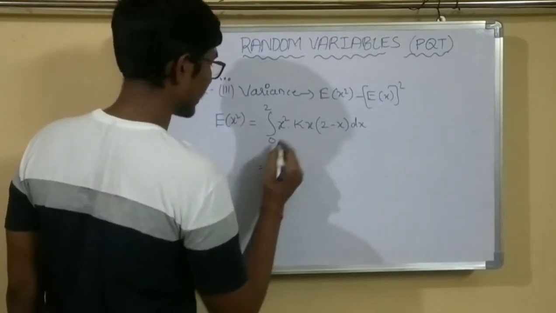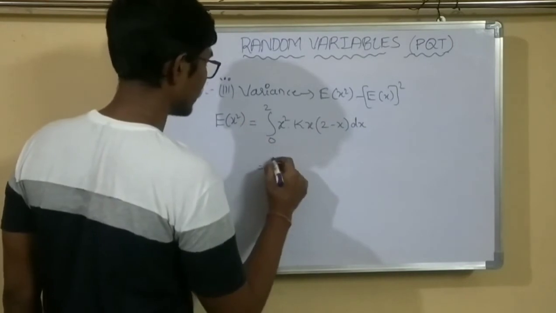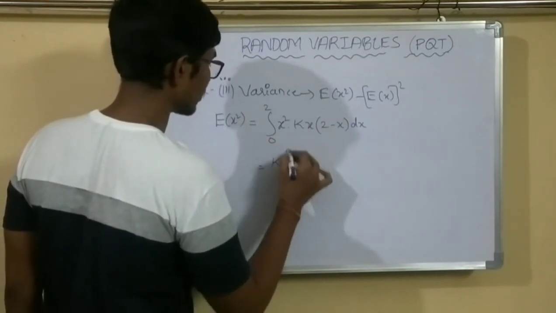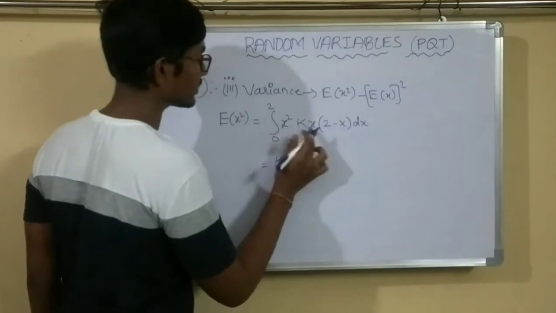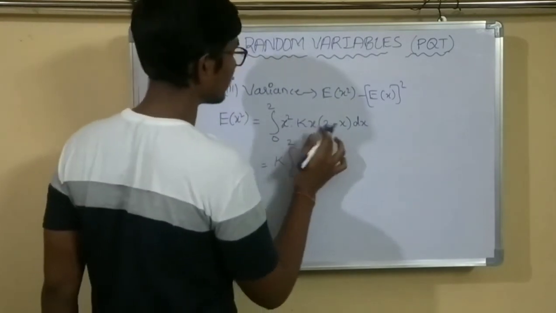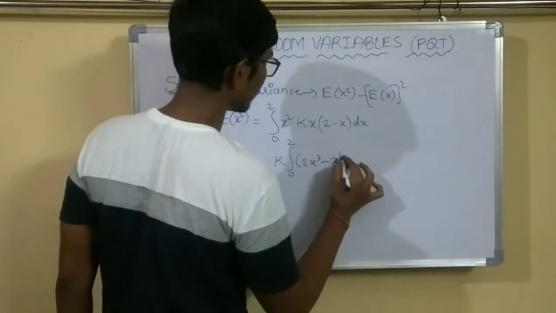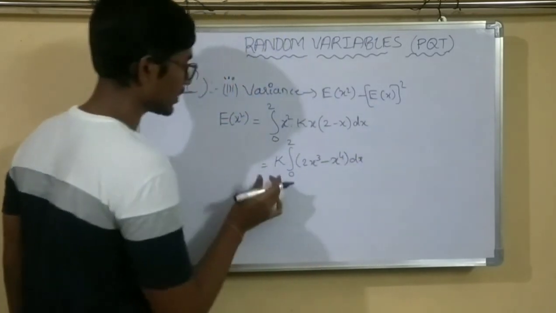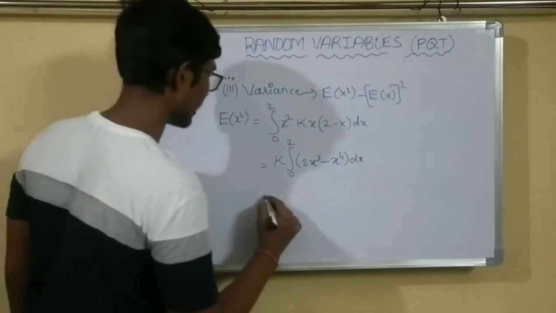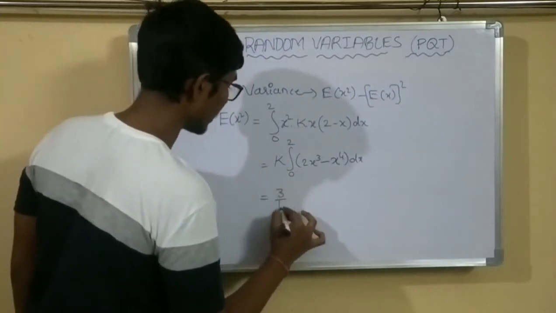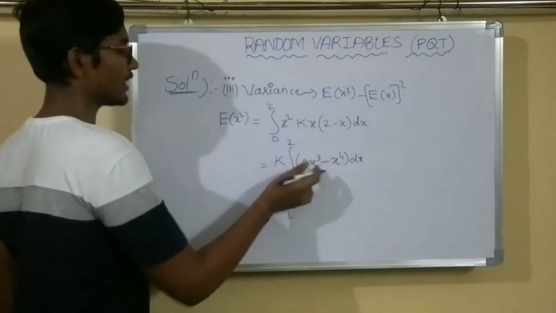I will take the constant k outside, so it is 0 to 2, and now x square into x is x cube, and x cube into 2 is 2x cube, x cube into x is x power 4 dx. Now k is constant, the value of k we know already, it is 3 by 4. I am writing here, and I am applying the integration on this.